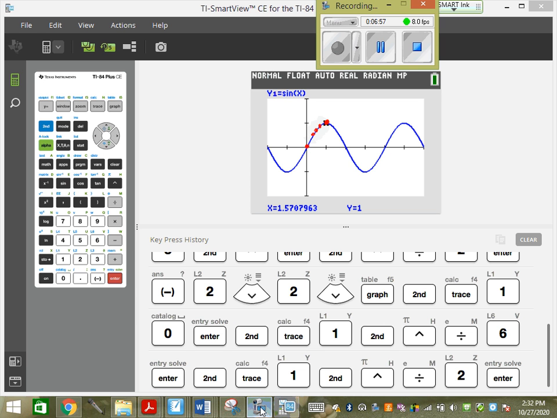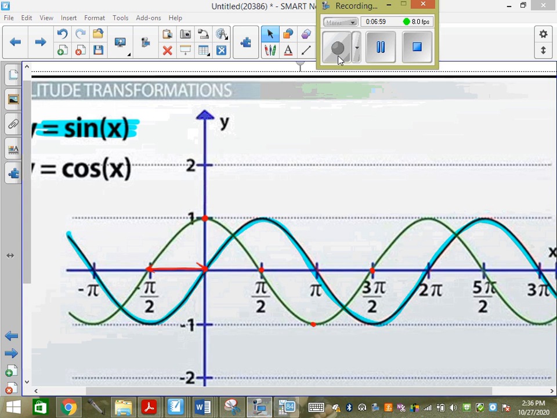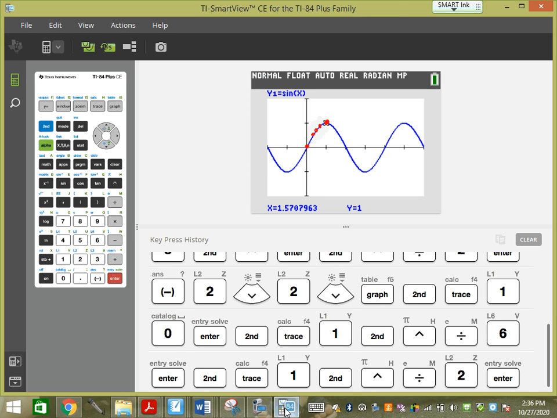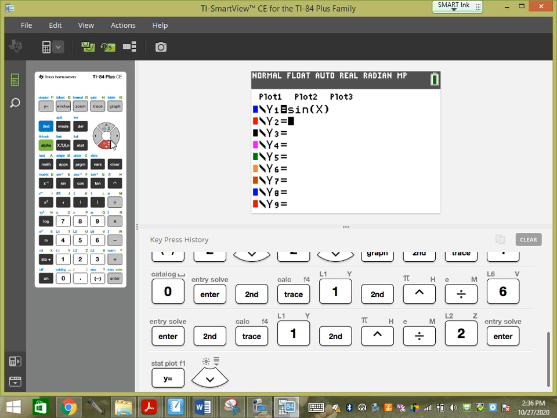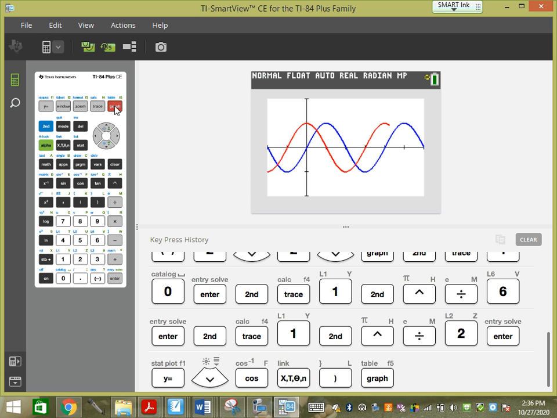I'll show you. All of you have the sine graph in your calculator, right? So what I said is, if I want the cos graph to be the sine graph, let's go cos x here, just for fun. It's that graph, right? If I take the cos graph and move it pi over 2 to the right, it should be the sine graph.